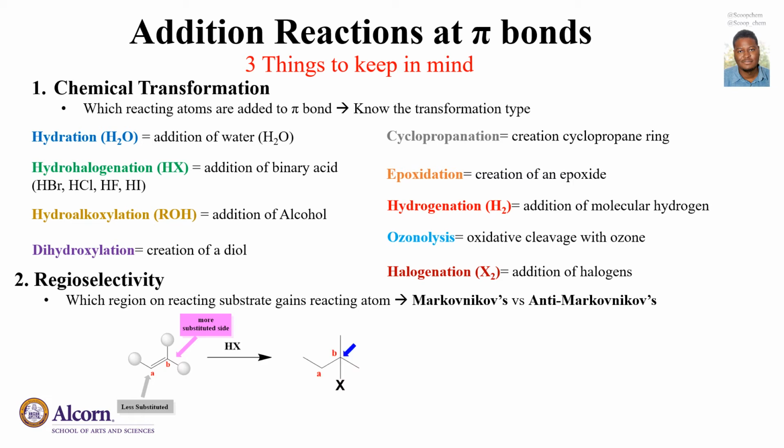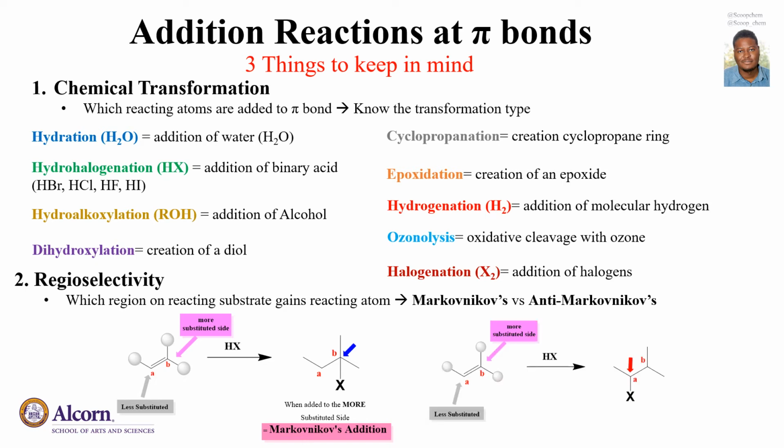If I undergo a reaction where my new atom that's being added across my alkene ends up on carbon B, which is the more substituted side, we call that addition a Markovnikov addition. Conversely, if a reactant atom adds to carbon A in this case, which is our least substituted carbon, we call that an anti-Markovnikov addition.